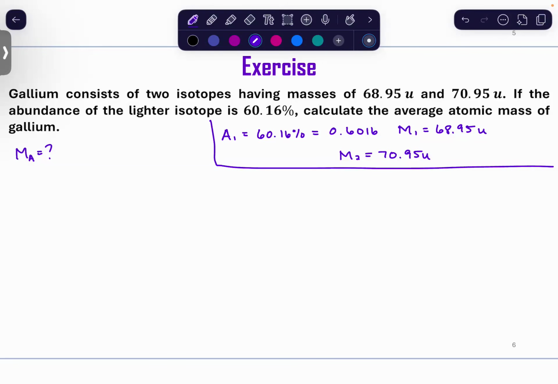All of your naturally occurring isotopes, their percent abundances have to add to 100%. So here I have two isotopes for gallium. I have a percentage for one. The percentage of the first gallium isotope plus the percentage of the second gallium isotope has to equal 100.